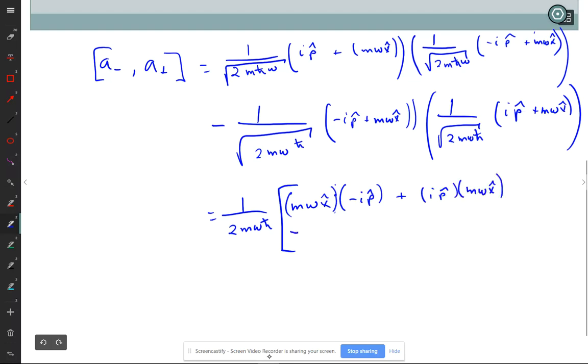And then down here I'll have plus i p hat m omega x hat, minus m omega x hat i p hat.